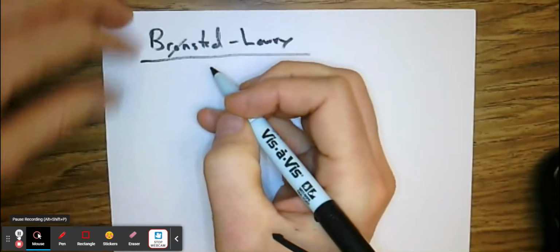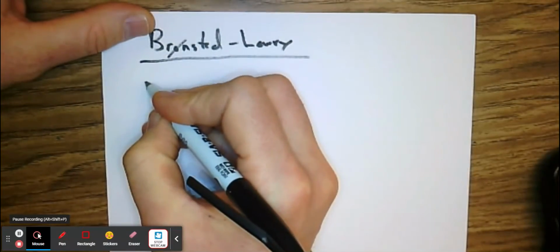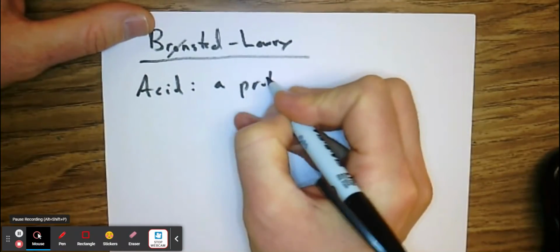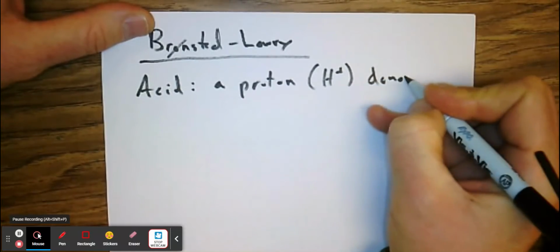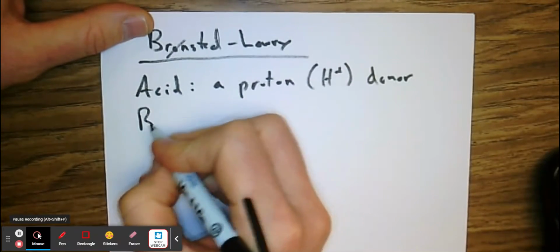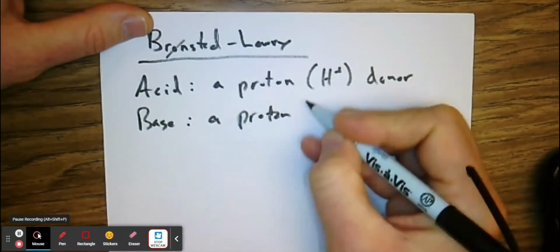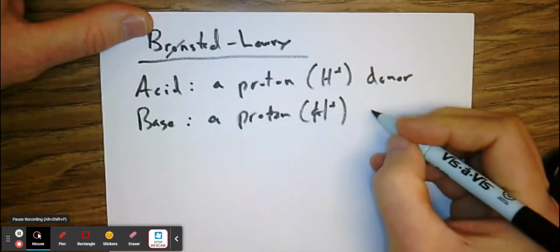Now, Bronsted-Lowry is a definition that came along after, and they looked at an acid as a proton donor and a base as a proton acceptor, H plus being the proton.